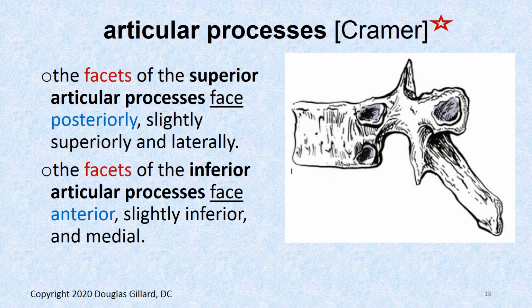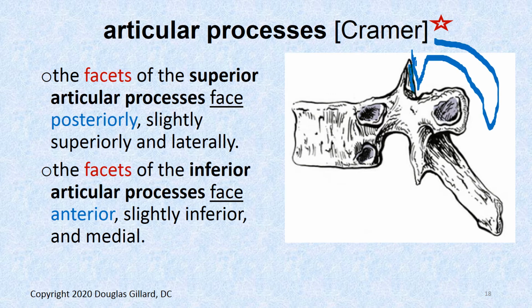The facets of the superior articular processes face backwards. So if I could draw the facet here, it would be right here. So that's going to articulate with the inferior articular process, the facet of the one below. If I could draw it in here like that, it would come something like that, and then the spinous would go back like that.